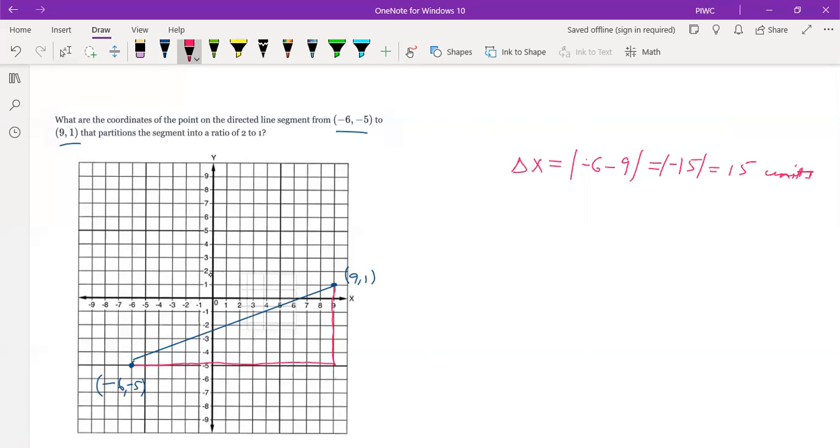All right. Then find the distance between the y values. So 1, 2, 3, 4, 5, 6. Right, you have, yes, 1, 2, 3, 4, 5.